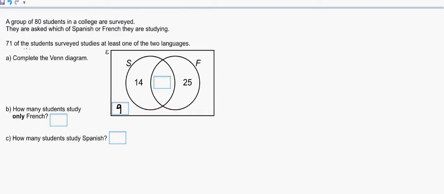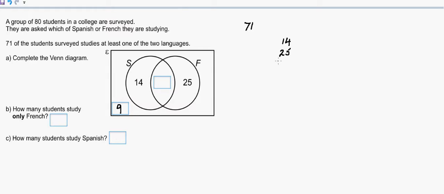So now we come to this part. 71 of the students studied at least one of the two languages. So we know we've got 71 students studying a language. Now we've got 14 studying Spanish, and we've got 25 studying French.